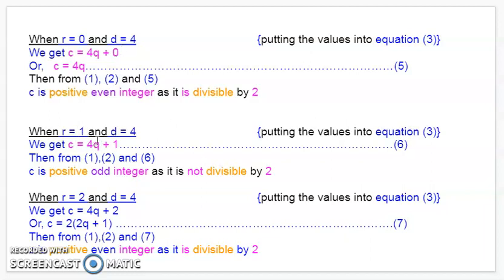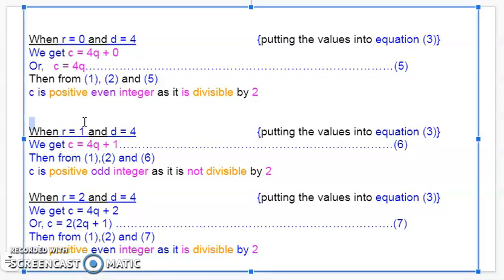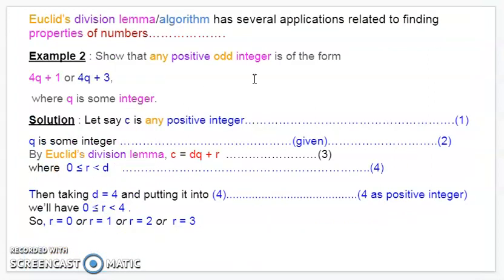Now when r equals 1 and d equals 4, this is the second case, where r equals 1. We are doing again the same process, but look here, we have 4q plus 1 and 4q plus 3.